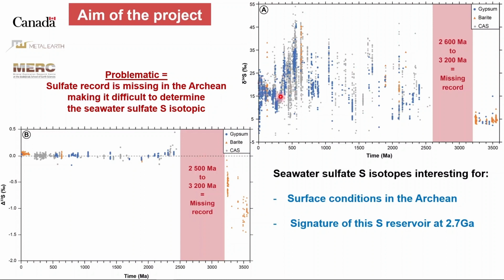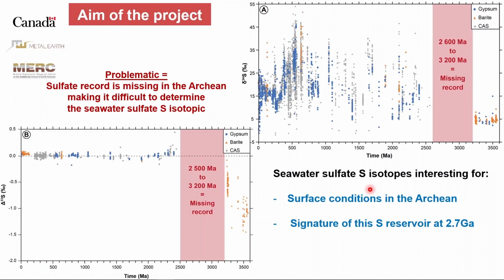As you probably know, the isotopic nature of sulfates evolved through time in the seawater, but there is a big gap between 2.6 and 3.2 billion years without any evaporitic records, so we cannot easily track this isotopic signature of the seawater. So the question was how to track this isotopic signature. It's really important because it's a big reservoir, and it can help give ideas on the surface conditions in the Archean.